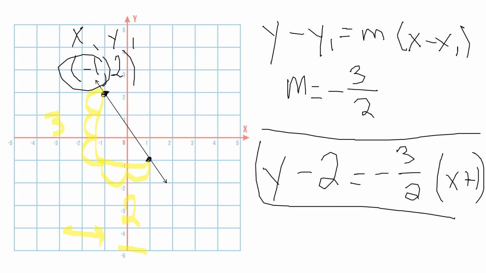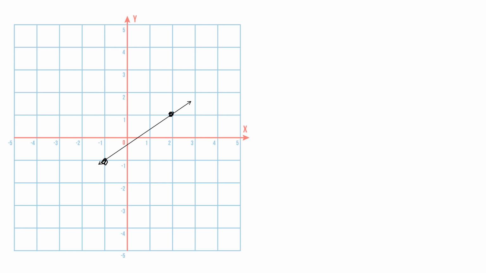Okay, so you pick a point, you find your slope, and you plug it in. It's as easy as that today. Same thing, we need to write the equation of this line in point slope form. So your step 1 is just to pick a point. Oh my goodness, my marker is doing the same weird thing.